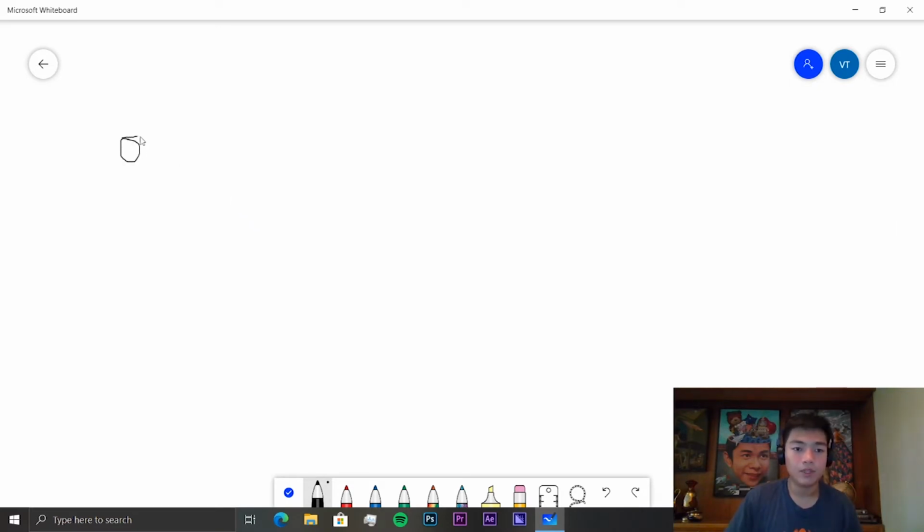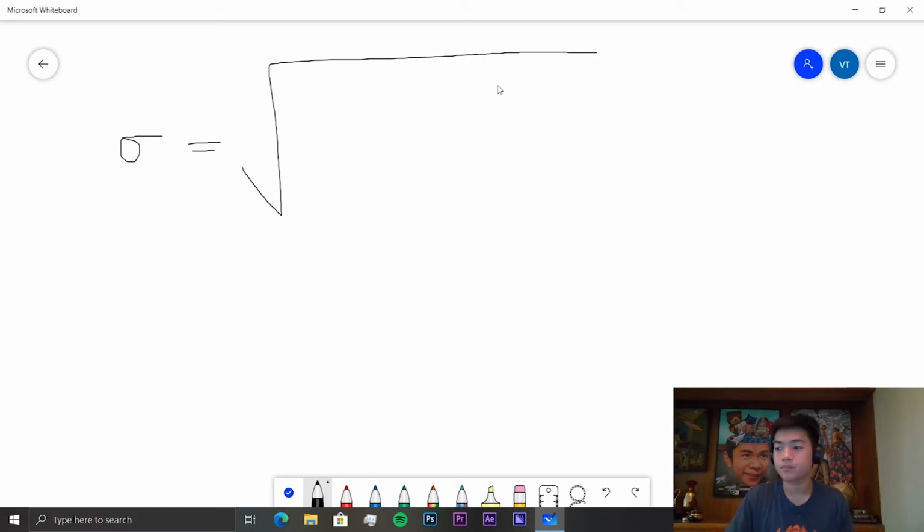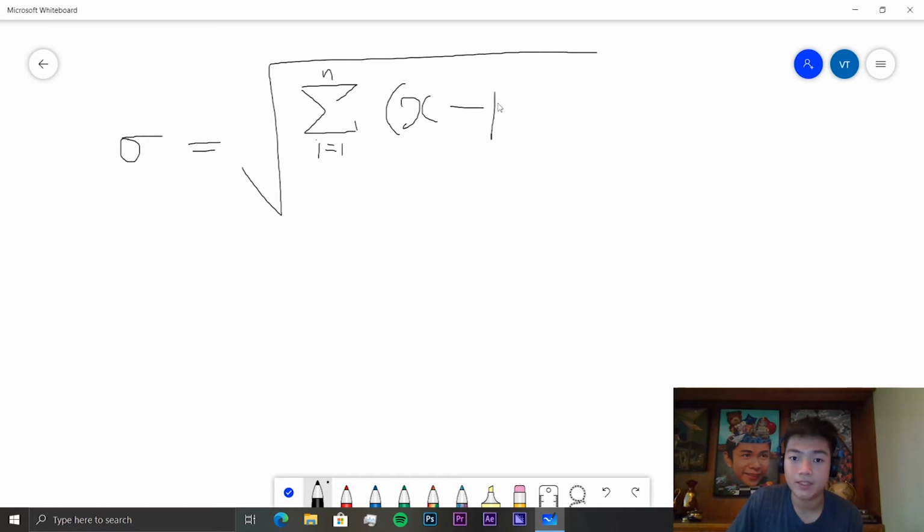And so we use the Greek symbol sigma to signify standard deviation, and this is equal to the square root of the sum from the first data point to the last data point of that data point minus the mean, where remember mu is equal to the mean, squared, over n, where n is the number of data points.